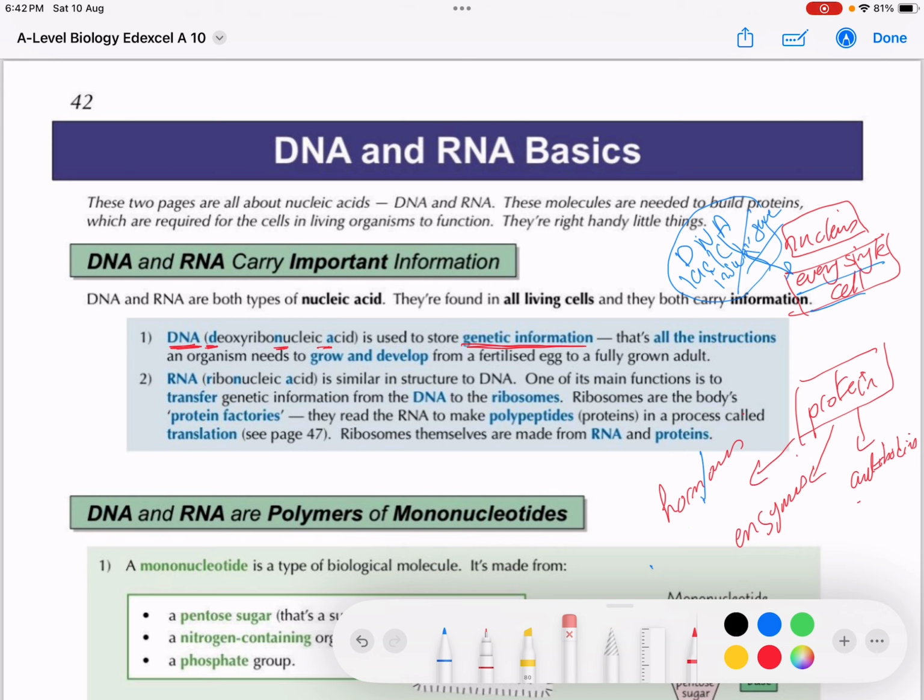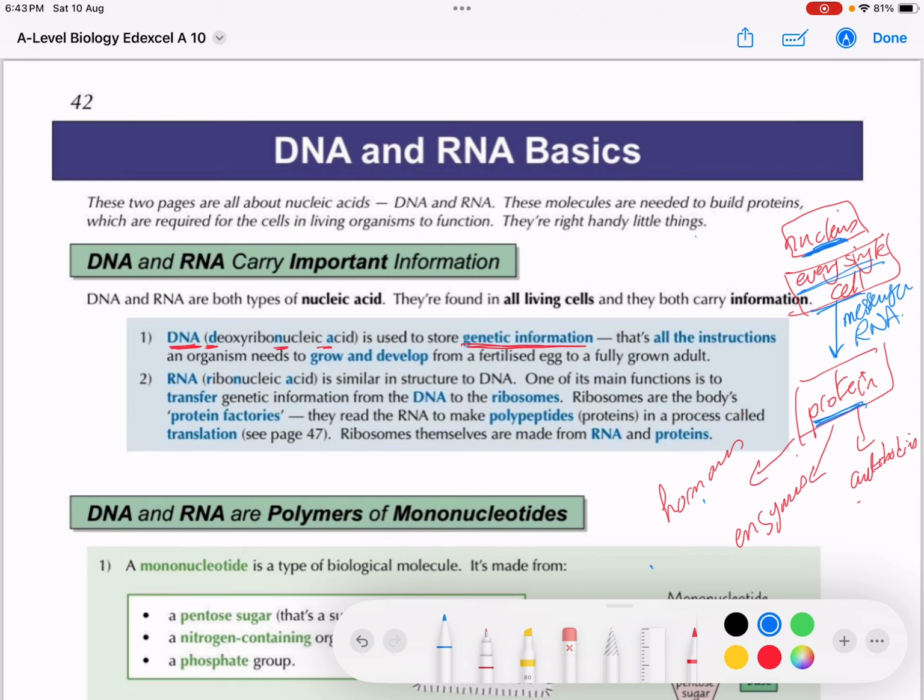So a question that would show up here, guys, is how the instructions inside the nucleus of every single cell get used. These instructions are inside the nucleus, but protein synthesis happens inside the ribosomes. So there should be a messenger that carries the code from the DNA in the nucleus to the ribosomes. This messenger, guys, is called the RNA.